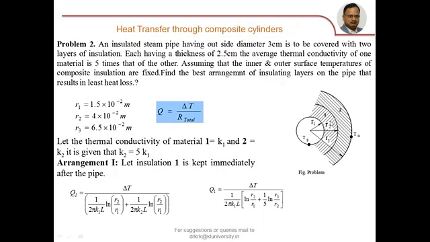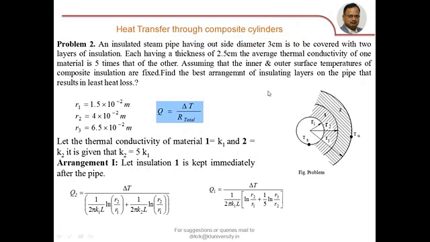So when the steam carrying pipe is insulated with 2 layers of insulation, each of thickness 2.5 centimeters, say, look at this, insulation 1 and insulation 2, such that the average thermal conductivity of one material is 5 times that of the other. Say K1 is K, and K2 is given as 5 times that of K1.